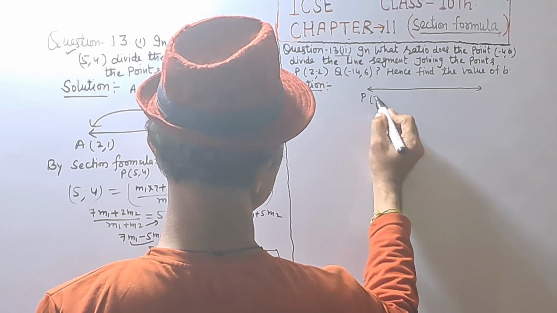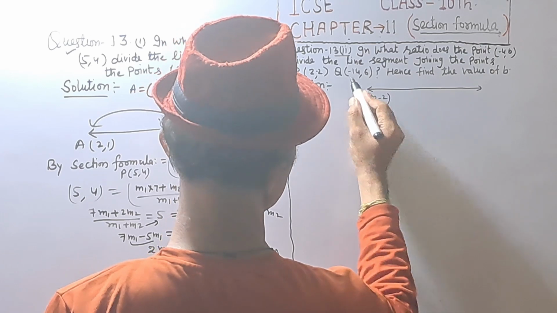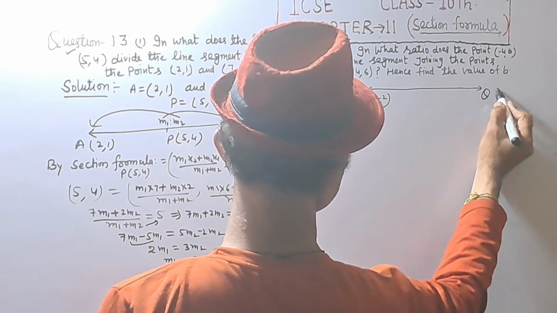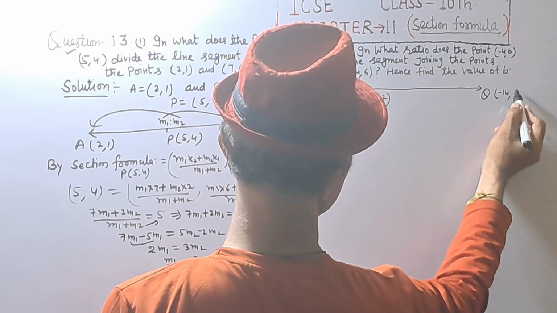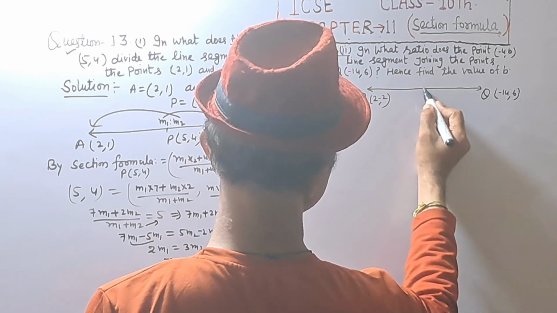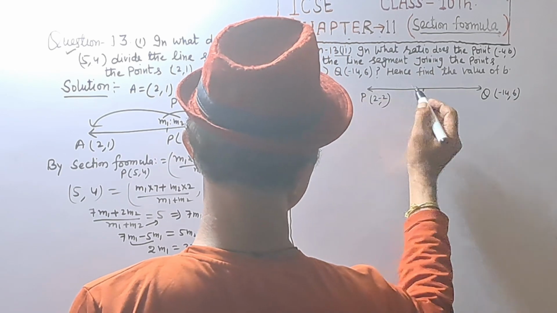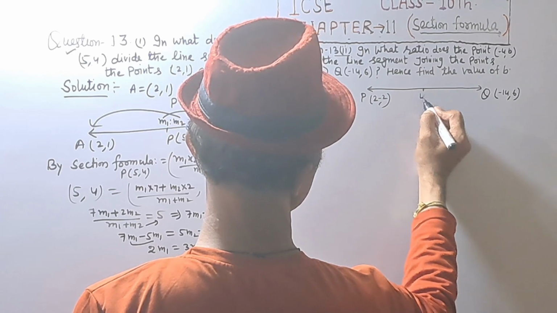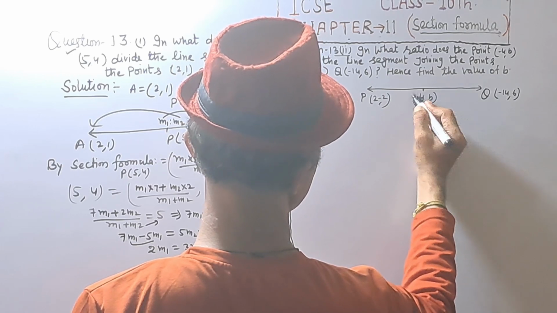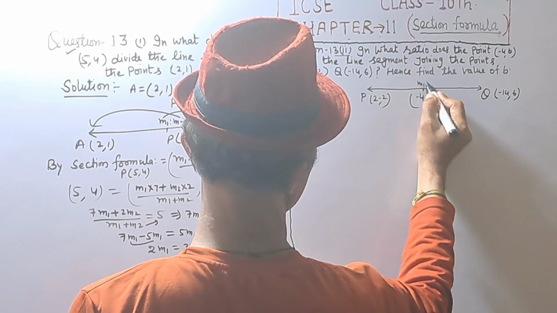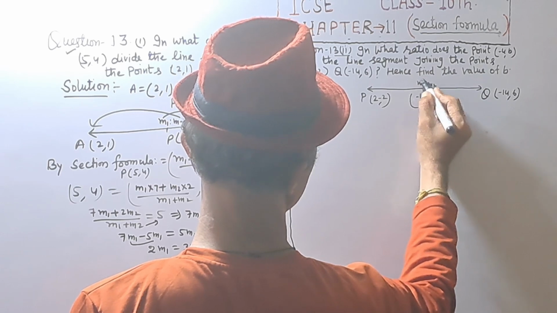Point P is (2, -2) and point Q is (-14, 6). Center point, that is (-4, b), and ratio M1 ratio M2.